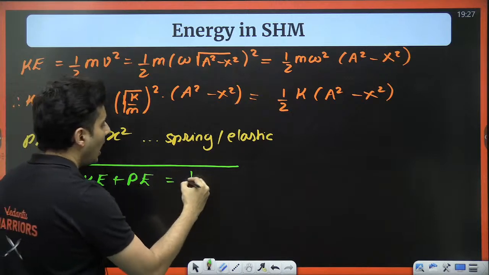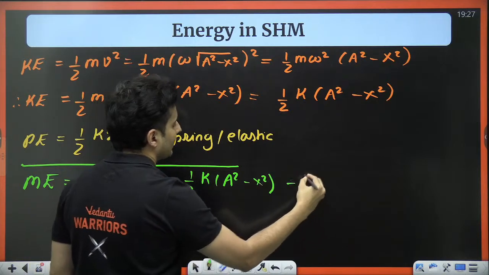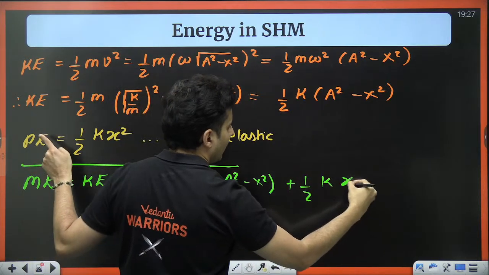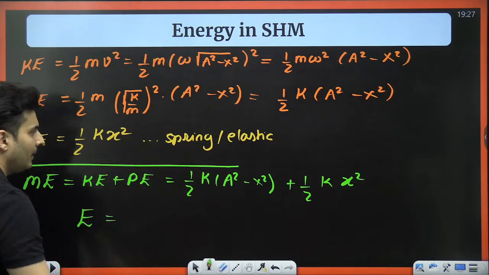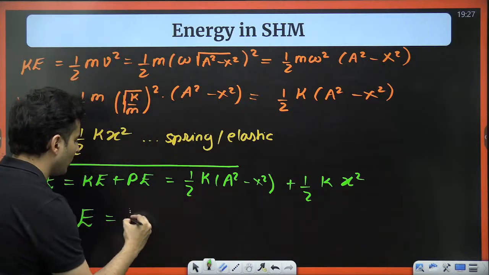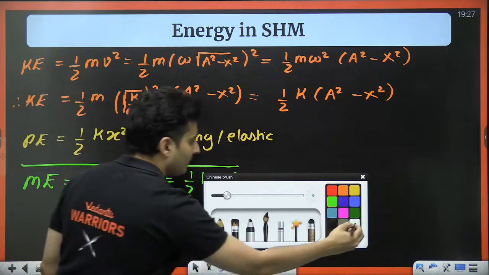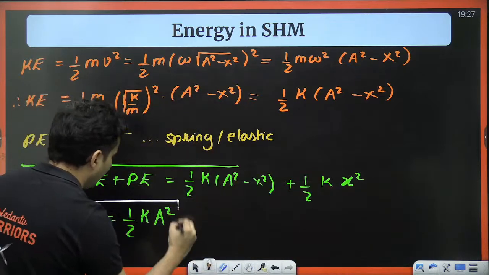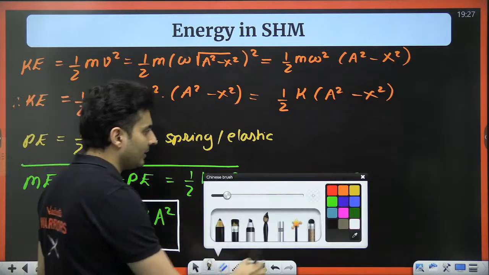This will be half k (a square minus x square) plus half k x square. Mechanical energy, I can just call it E. X square cancels, half k a square remains.